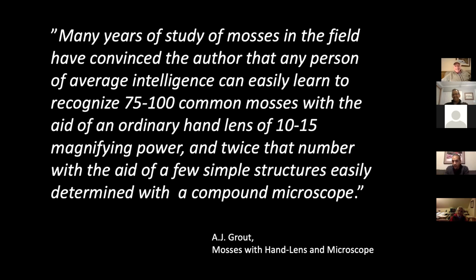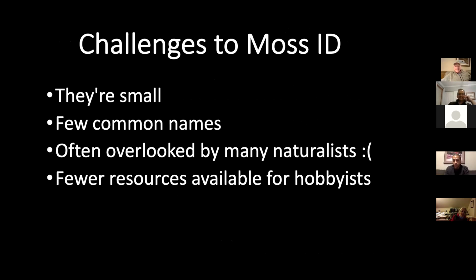And it's very hard, even for a lot of seasoned naturalists and botanists. Moss ID can have a pretty deep learning curve because it's very different from learning to identify flowers or trees. The first challenge is they're small. For a lot of the key features, you'll need at least a hand lens. Sometimes you really do need to get in there with a microscope to see it.